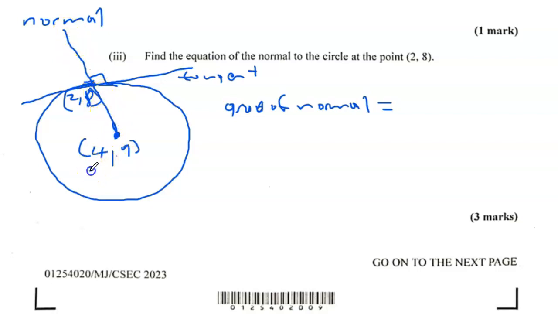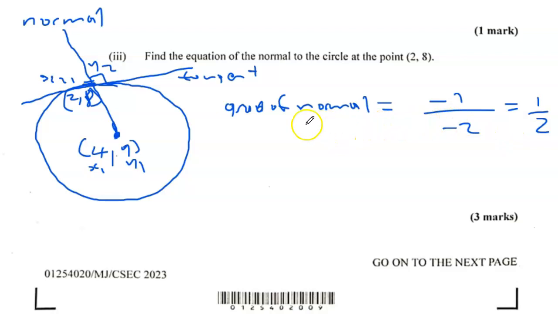So we can call this x1, y1, and we can call this x2, y2, the (2, 8), right? So y2 minus y1, 8 minus 9, that's negative 1, and x2 minus x1, 2 minus 4, that's negative 2, so that's a half, right?